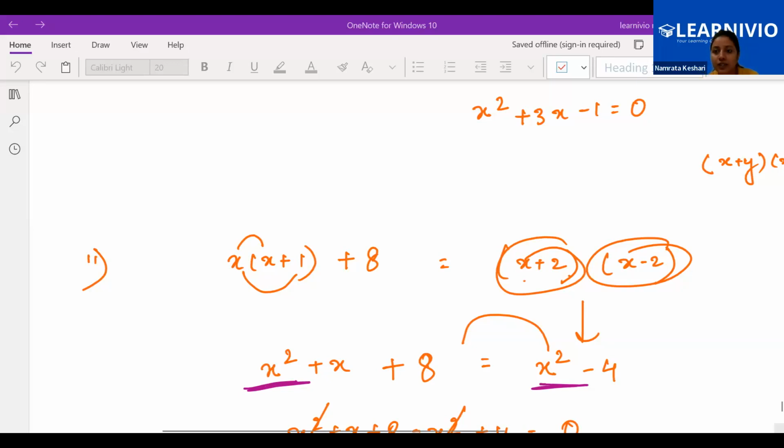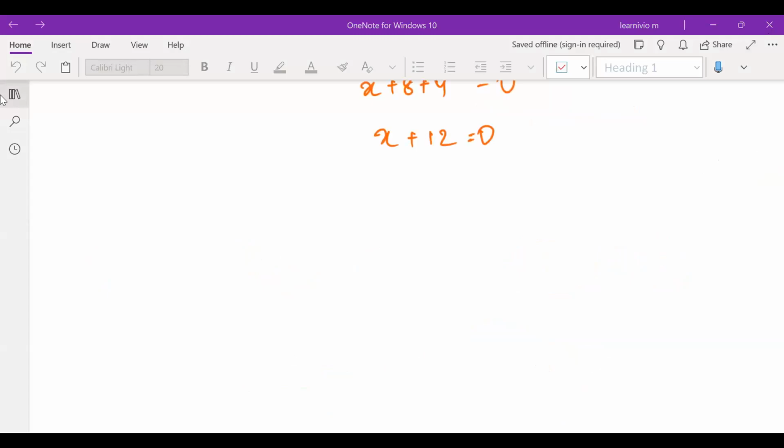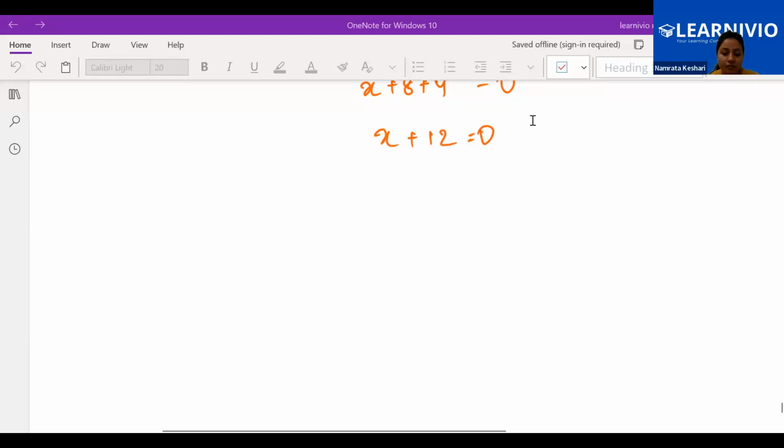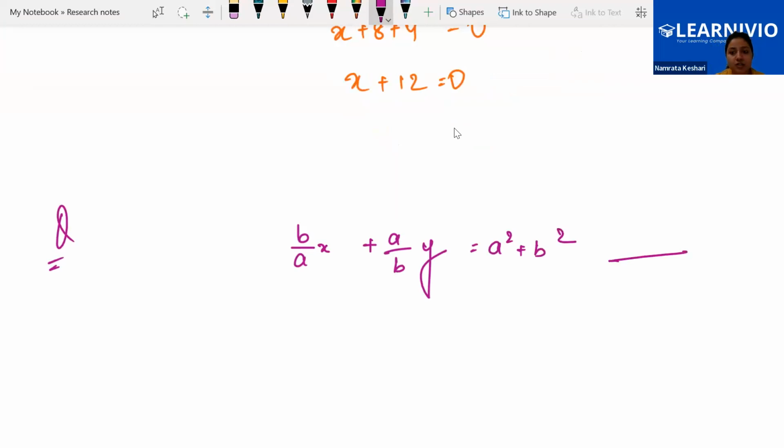If we are having this type of pair of linear equation, let's say we are having the pair of linear equation b by ax plus a by b y is equals to a square plus b square, and this is our first equation, and the other equation is x plus y is equals to twice ab.